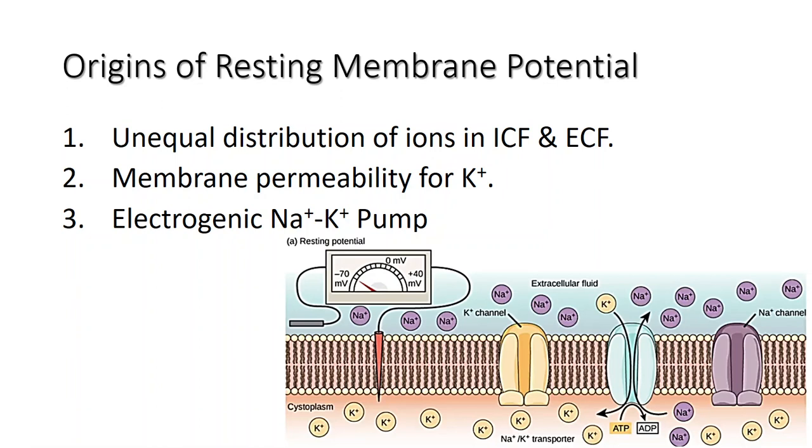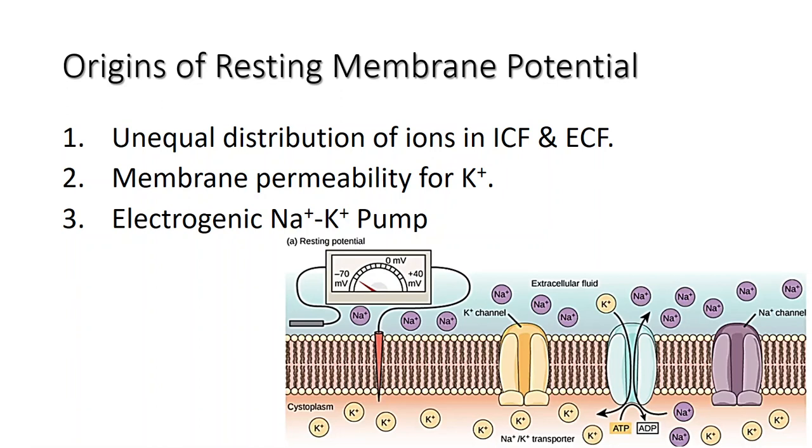Recall that the sodium potassium ATPases expel 3 sodium ions for each 2 potassium ions imported. Since these pumps remove more positive charges from the cell than they bring into the cell, they are called electrogenic, which means they contribute to the negativity of the resting membrane potential.